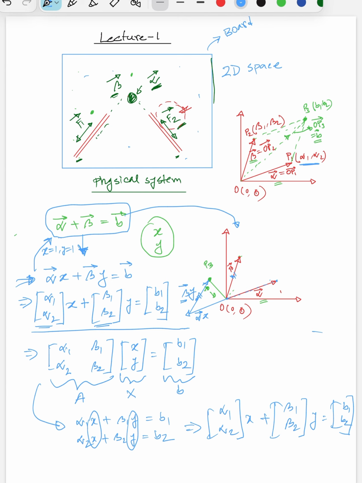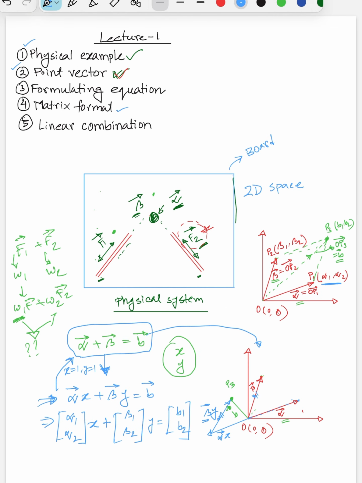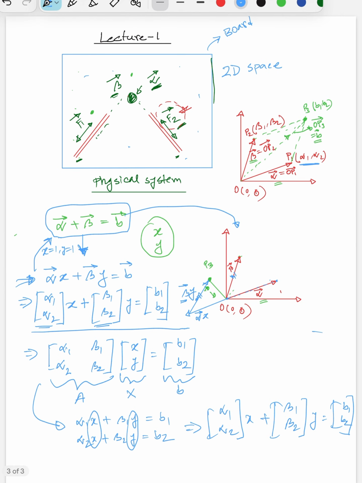Now here another interesting thing is, for this system we could achieve any point on this board in 2 dimension. This was because these two vectors alpha and beta were linearly independent.